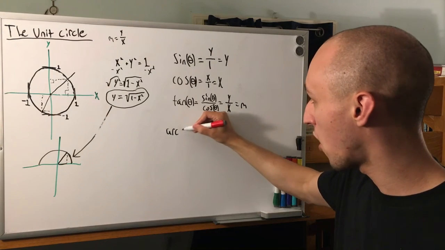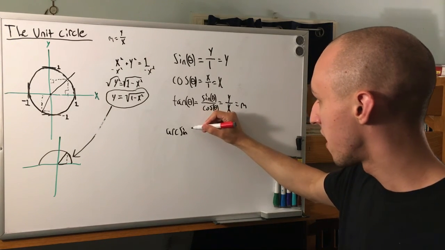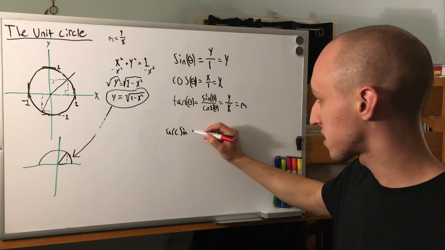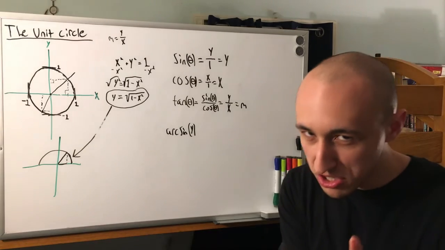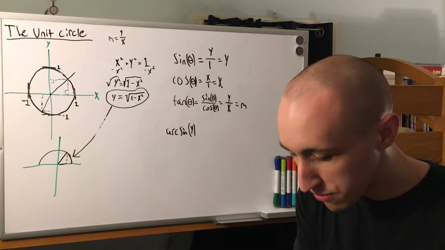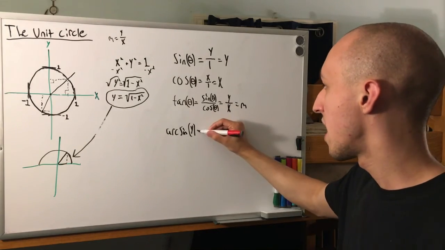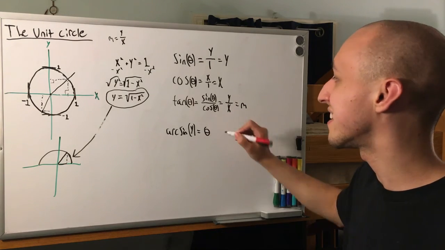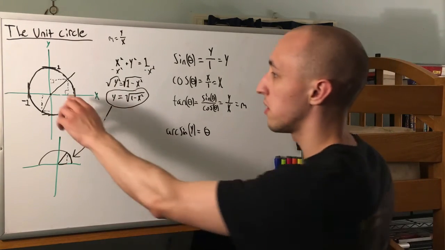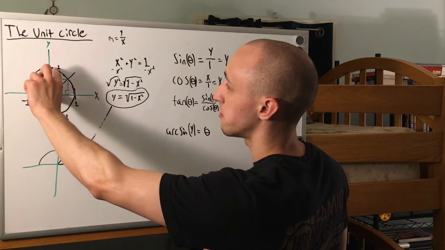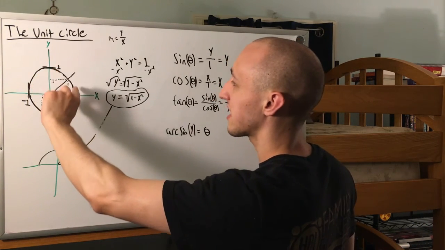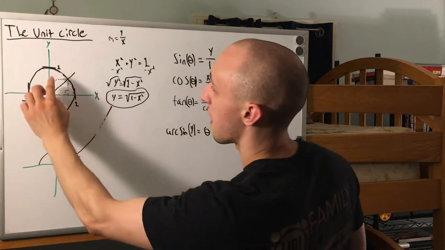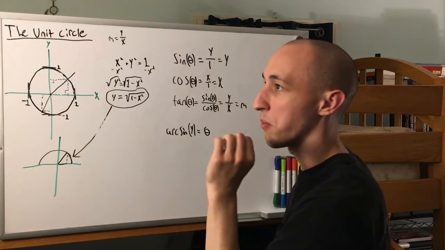We have things like arc sine, okay? The arc sine of the y value on the unit circle is going to give us the angle. So if we know the y value at a certain point, we can use arc sine to calculate the fraction of the unit circle that corresponds to that y value.